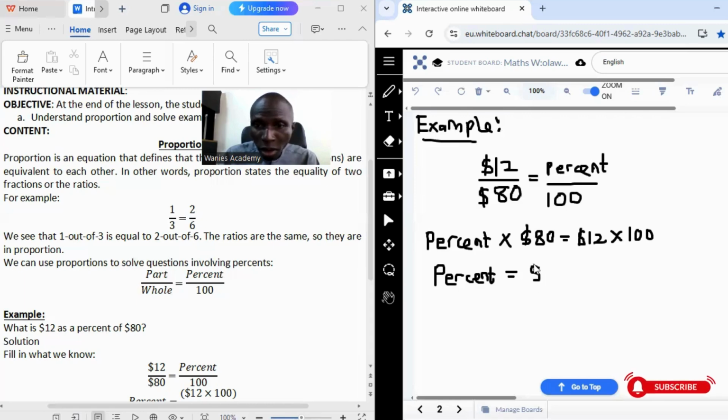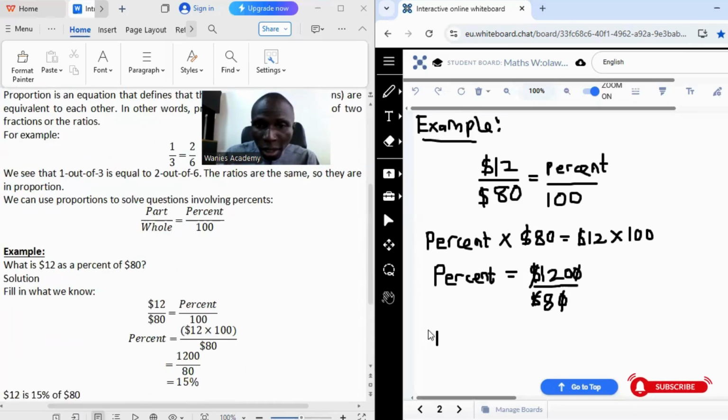So we have $1,200 divided by $80. From here, we can divide, because 0 can take off 0, and dollars will take off dollars. Then 120 divided by 8, we're going to have that to be the percent.